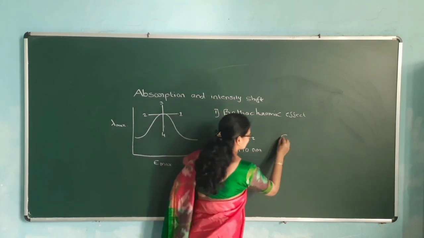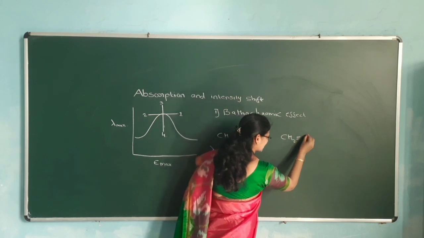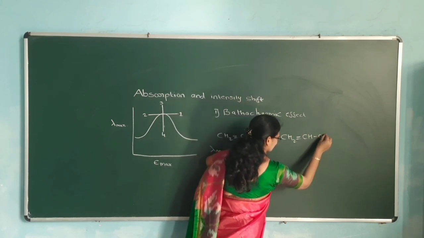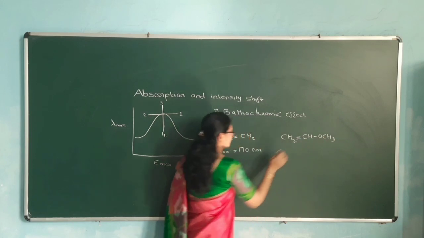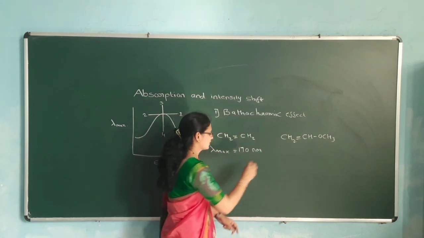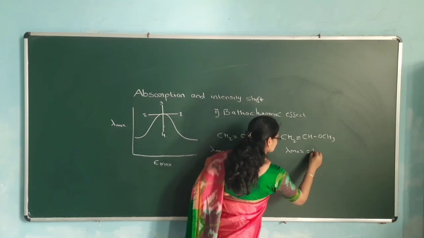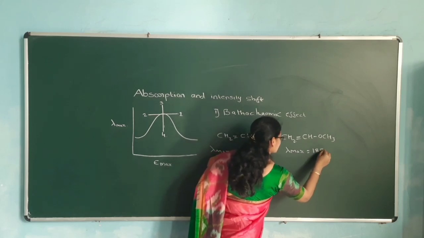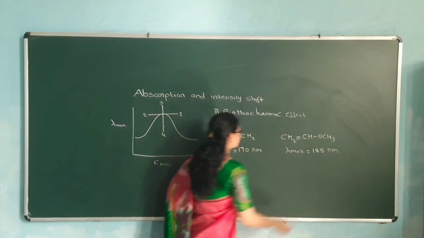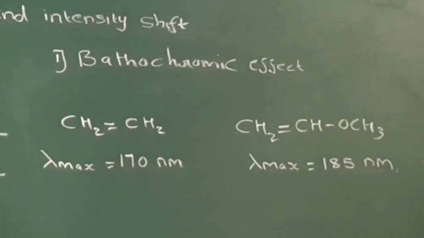And I will take one more example, that is methoxyethene. So the lambda max for this is 185 nanometer. See, just one H is replaced by OCH3, that is the methoxy group. So ethene absorbs at 170 nanometer and methoxyethene absorbs at 185 nanometer.